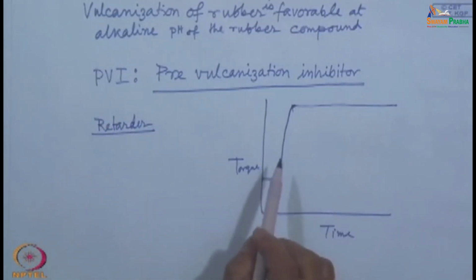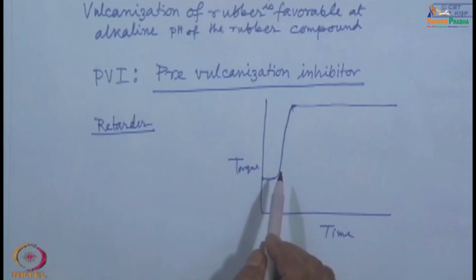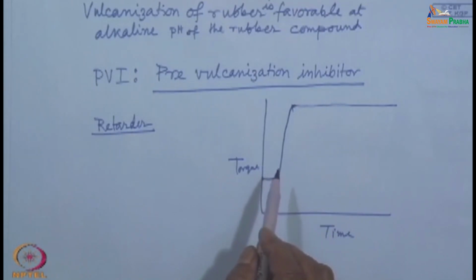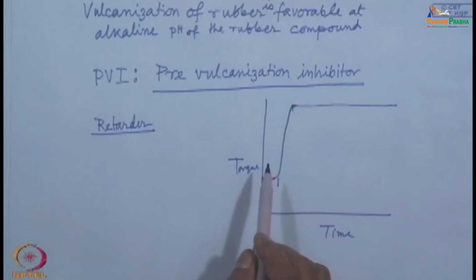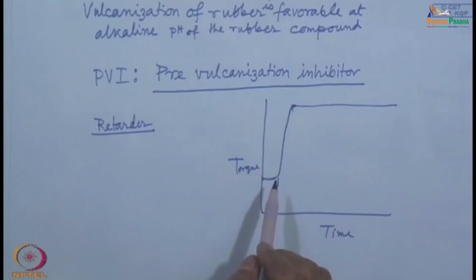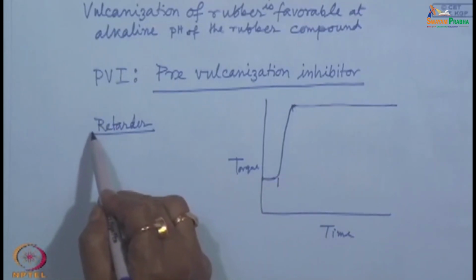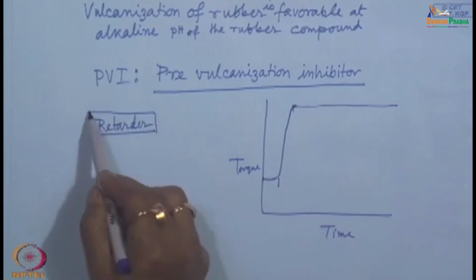During compound formation in a mixer, say an internal Banbury mixer or open mill, for proper mixing and dispersion of the ingredients, the accelerator and sulfur should not start reacting there. That can be kept dormant by the use of some retarder.